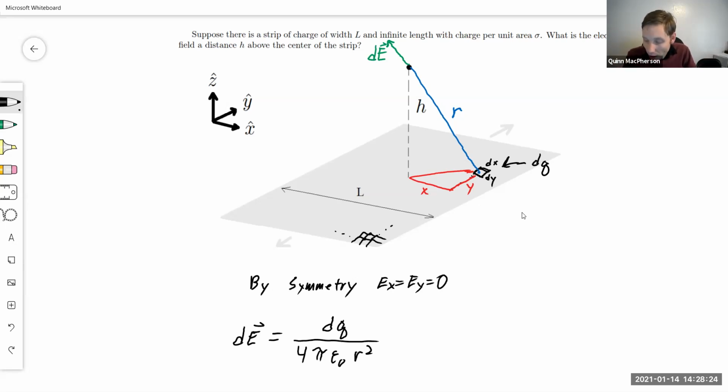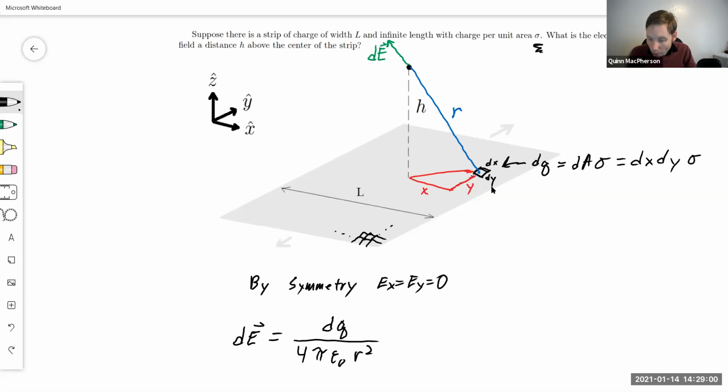We have sigma, charge per unit area, so dq is the little d area, the area of that little square, times sigma. The area of that little square is dx dy times sigma. Because in x on one side, y on the other side, area of a rectangle is the height times the width, so dx times dy is the area, and times the charge per unit area gives you the little differential charge of that little segment.